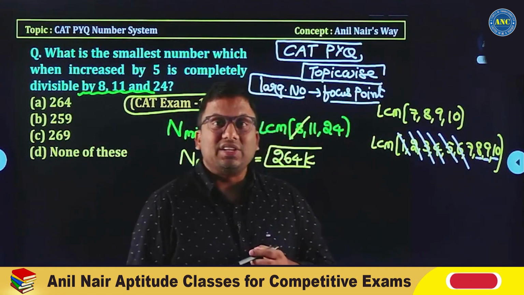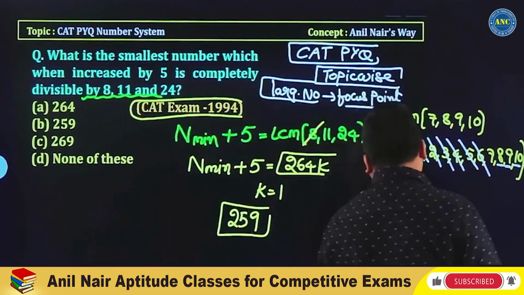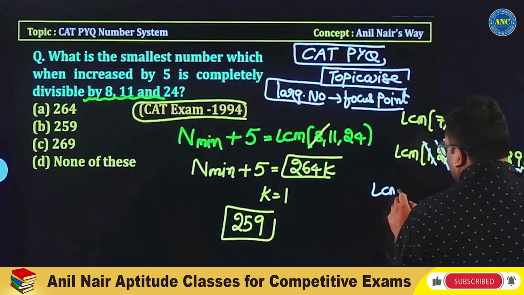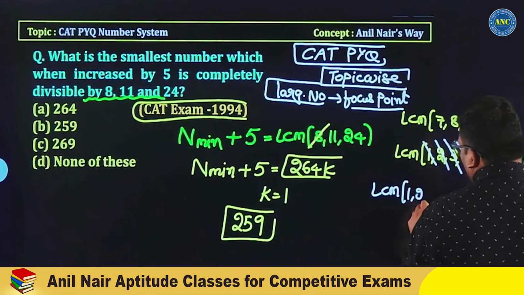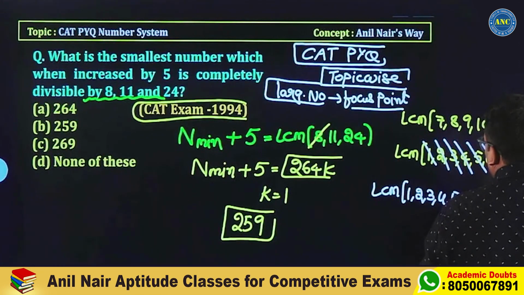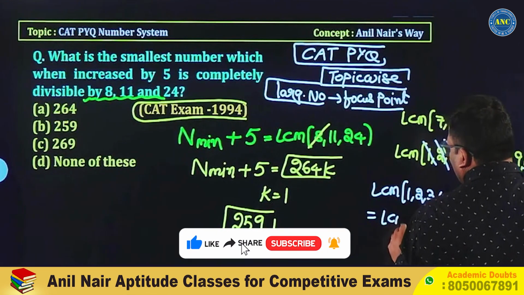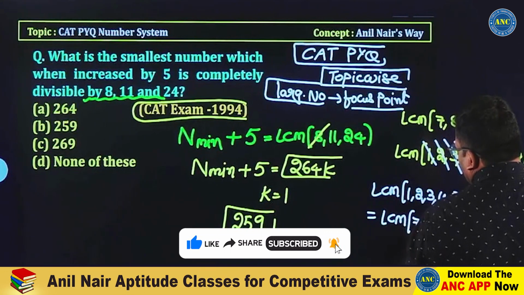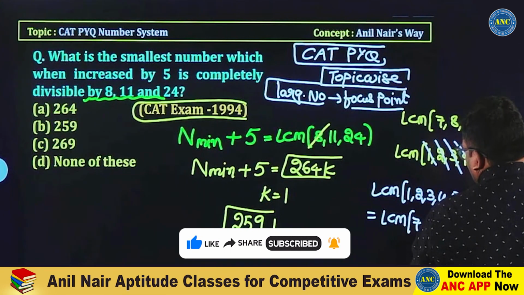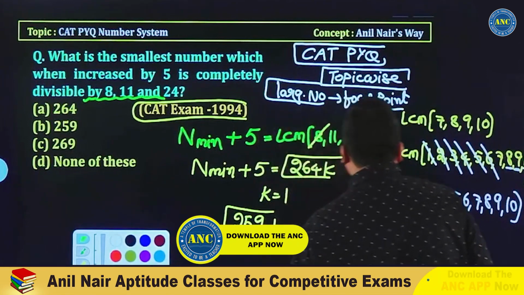That means the LCM of 1, 2, 3, 4, 5, 6, 7, 8, 9, 10 is equivalent to the LCM of 7, 8, 9, 10.